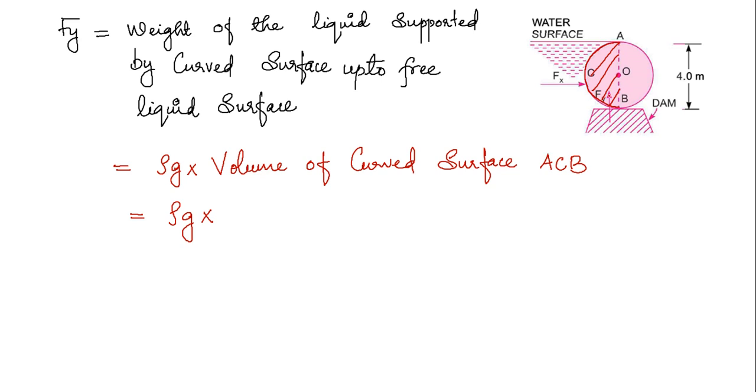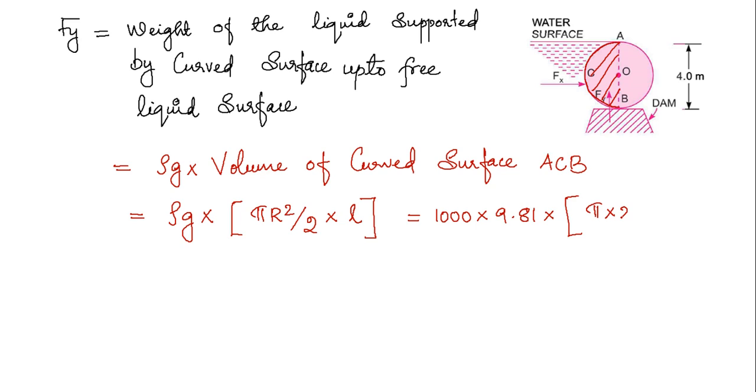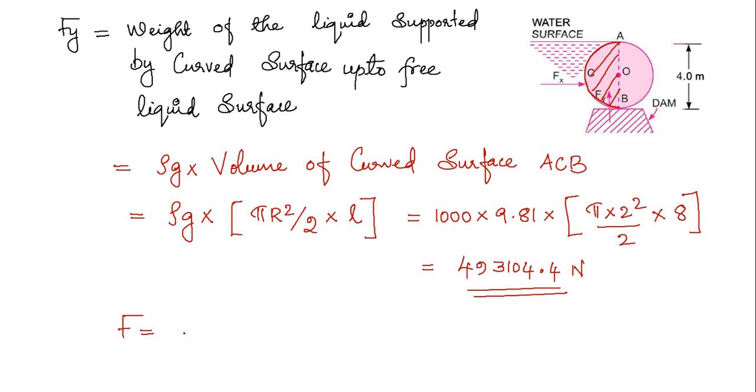So since it is a semicircle, area of the curved surface will be pi r square by 2 and length is denoted by L. So we can write it as density of the fluid into acceleration due to gravity into volume, which is equal to pi into 2 square by 2 into length, that is 8. We will get it as 493104.4 Newton.